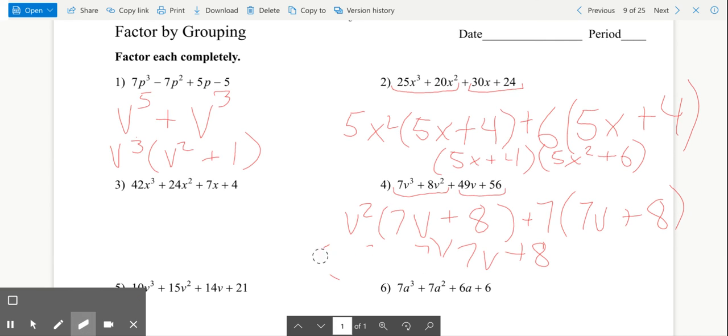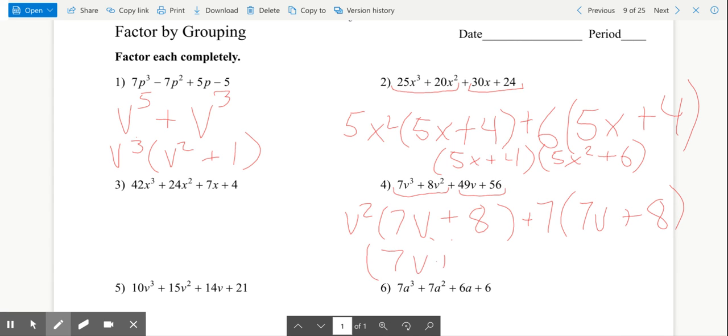It doesn't really matter, but I want to be consistent so I don't confuse anybody. So let's write what we had in parentheses first, like I did on the last example. And then what was in front of the first parenthesis plus what's in front of the second parenthesis. And that is factor by grouping.